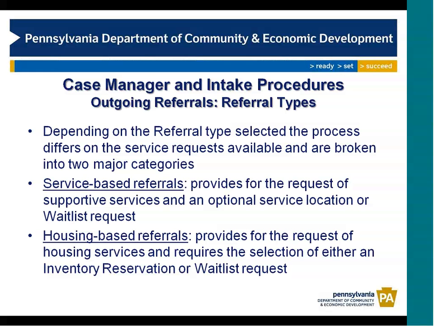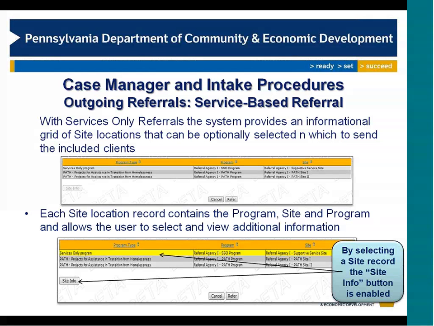And then there are housing-based referrals, in which the clients are looking for housing. When that's selected, it requires the clients to either be placed in a reservation or be put on a waitlist request. So you need to do something to try to get those clients housing before you send the referral itself. We'll break those down coming up next and start with the service-based referrals.